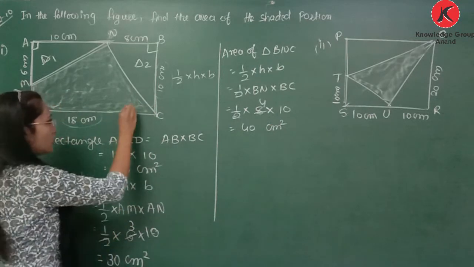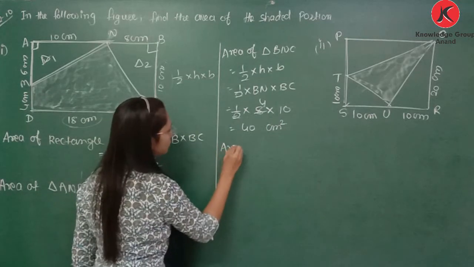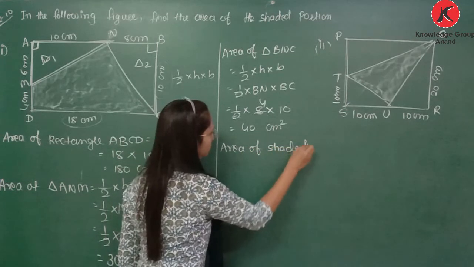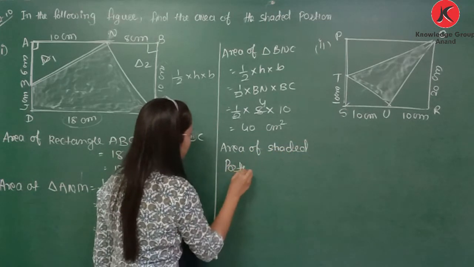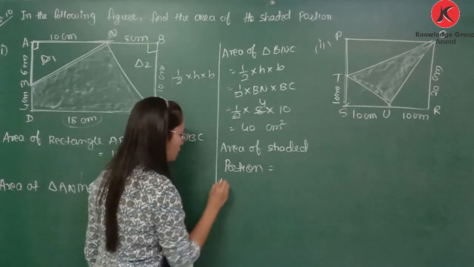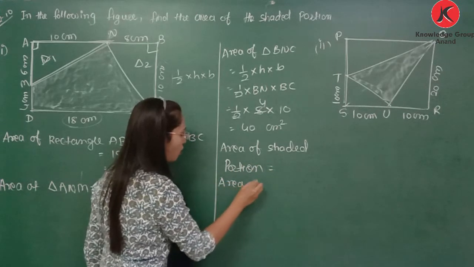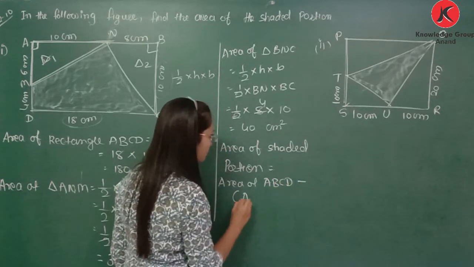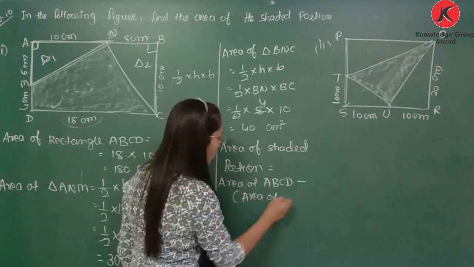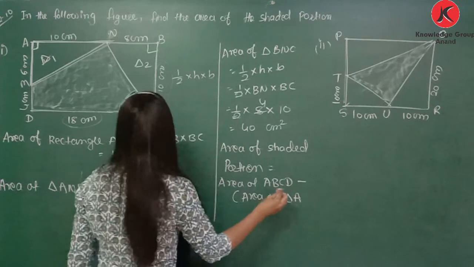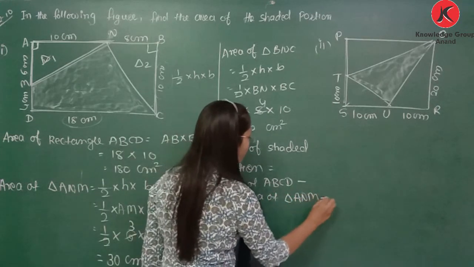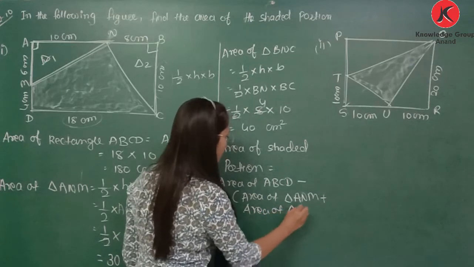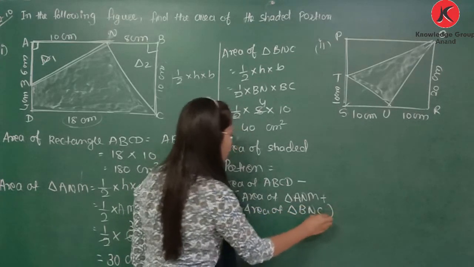Now area of shaded portion will be area of ABCD minus area of triangle ADM plus area of triangle NBC.